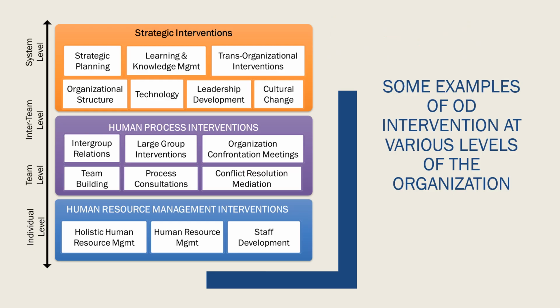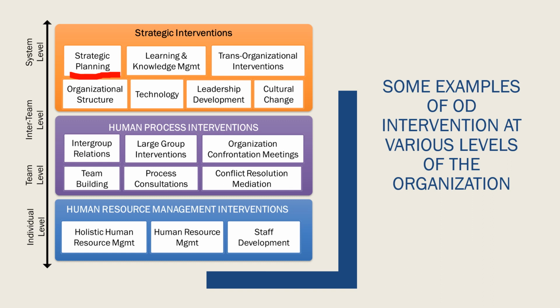So we mentioned that there are several examples of OD interventions at various levels of the organization. Last session, we discussed the system level, looking at strategic interventions. Nabanggit natin na isa sa pinaka commonly practiced intervention yung strategic planning. Sometimes it feels like a reset of the organization because we're reviewing the organization from a lot of angles.